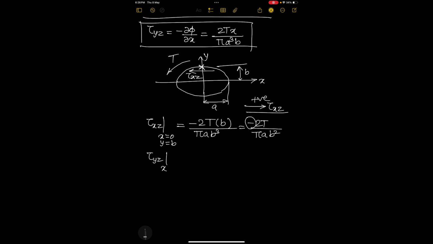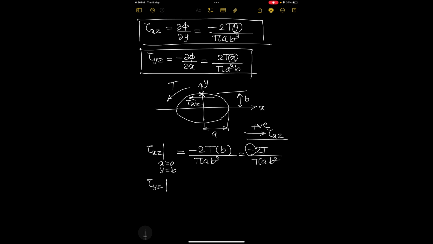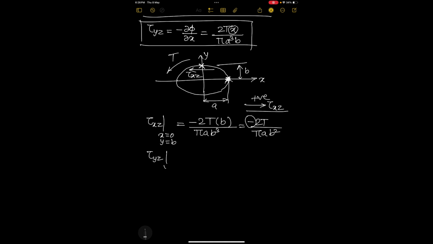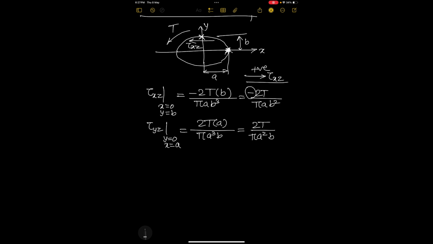Similarly, tau yz is dependent on x, and x is maximum at this point. So what we can write is, as y is equal to 0, x is equal to a, which is 2T into a divided by pi a cubed b, so 2T by pi a squared b.